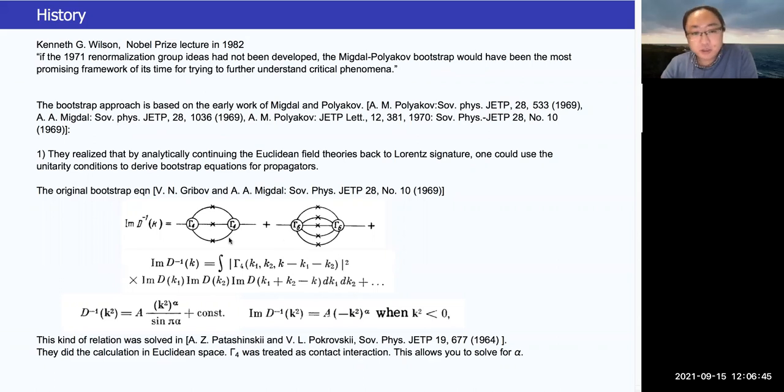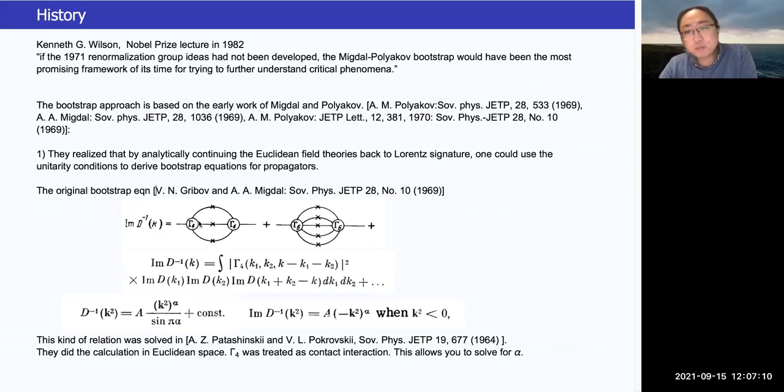What appears here in the diagrams, these lines are propagators, but really they mean the fully dressed propagators, the actual propagators. Actually, I think here they are retarded Green's functions. And the imaginary part of the retarded Green's functions gives you the spectral density. This looks like the optical theorem.